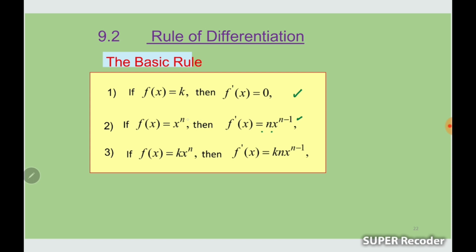Take a look here that n is brought in front, then multiply with x, then the power for n is minus 1. Number 3: if f(x) is a constant k times x to the power of n, then f prime x is equal to k multiplied by n x, and the power is n minus 1.